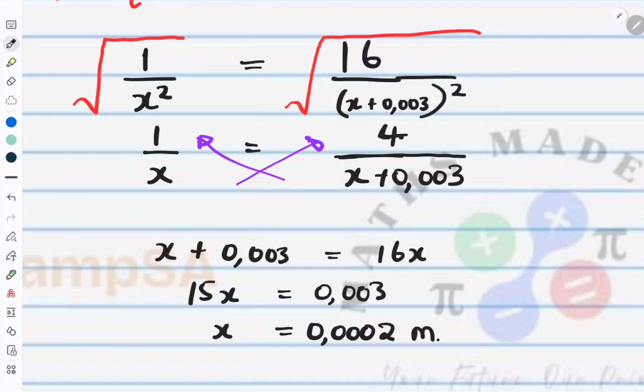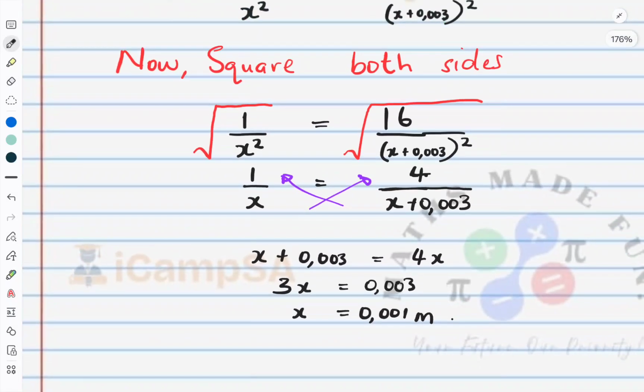Square root of 16 is 4. So we must come back here and change this as well. Then this means here we'll have 3x instead. This means we will likely have 0.01 here. Let me just double check that. 0.003. Yes, 0.001.